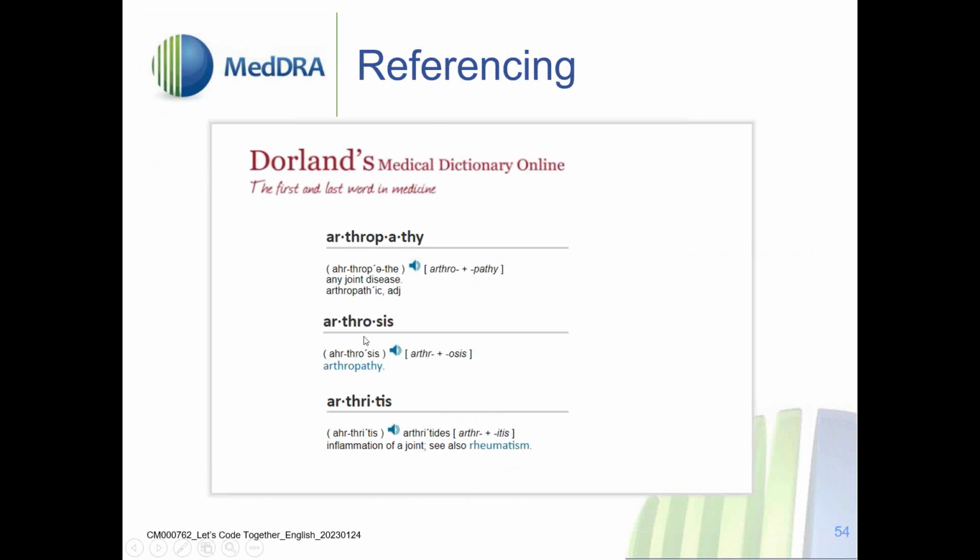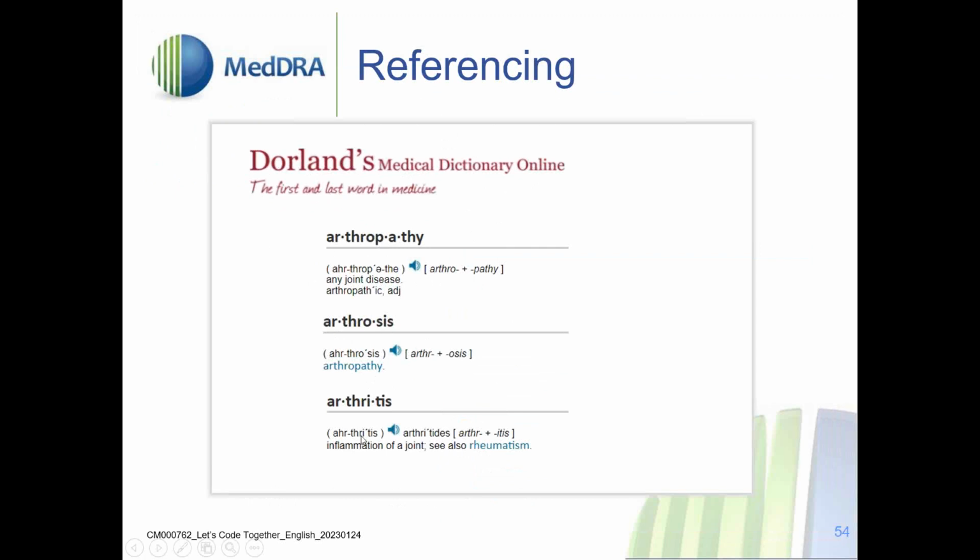Arthrosis is considered a synonym for arthropathy, so it's also considered any unspecified joint disease. We have to remember that Dorland's is, of course, an English medical dictionary. So arthrosis and arthropathy are considered synonyms.